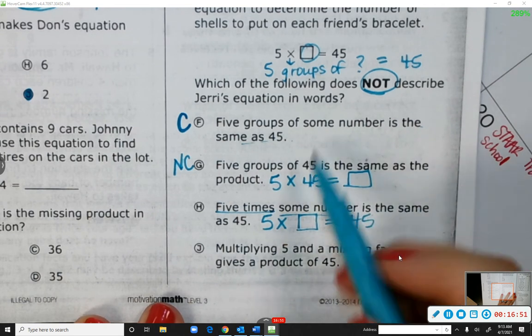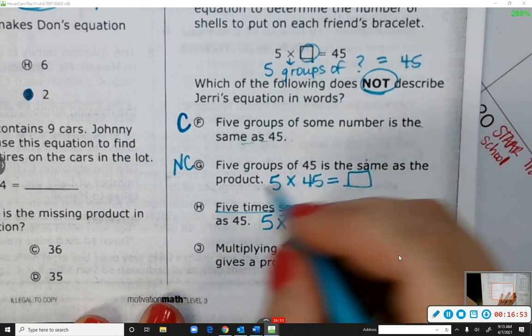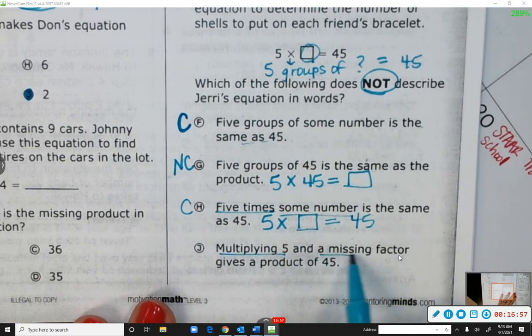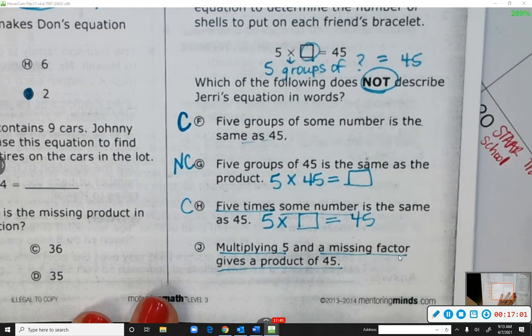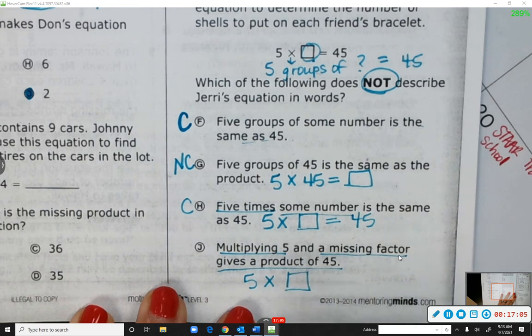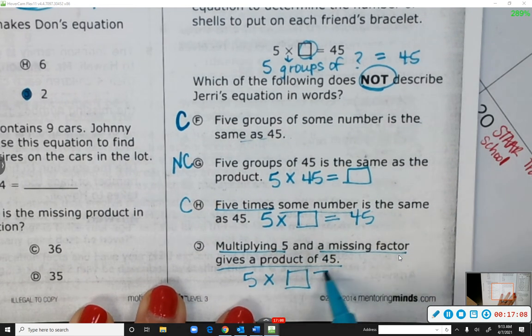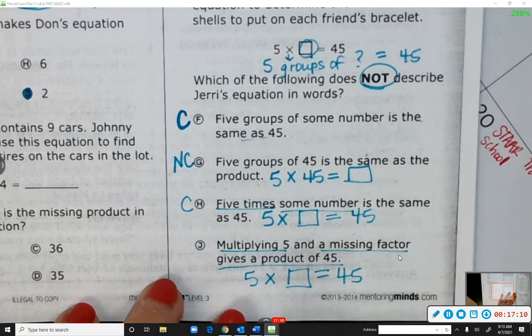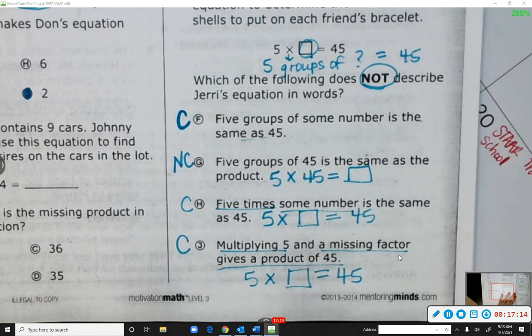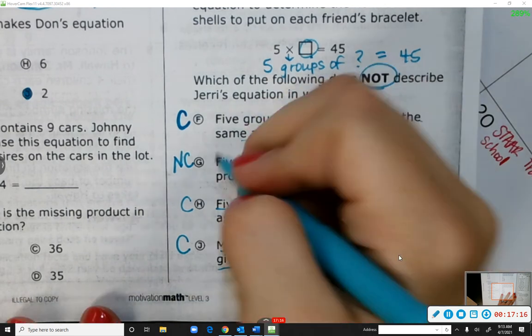Is that the same as this right here? Yes. Multiplying 5 and a missing factor gives a product of 45. Multiplying 5 and a missing number gives a product of 45. Is that the same? Yes. So the only one that is not the same would be G.